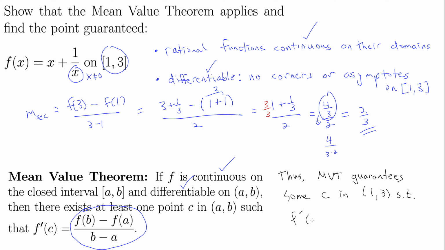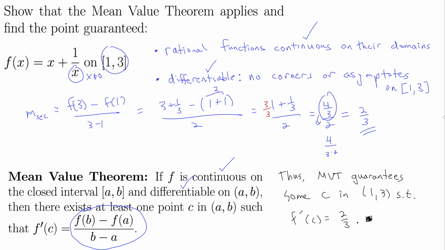Well, f prime of c equals 2/3. And that's the end of the theorem, so I will put my little proof box there. I'll even fill it in. Right, so we're guaranteed some point in that interval that has the derivative of 2/3 at that point.